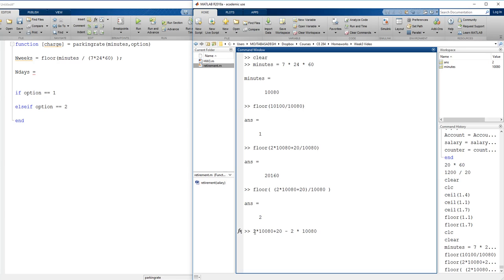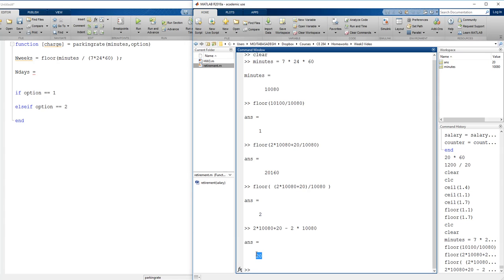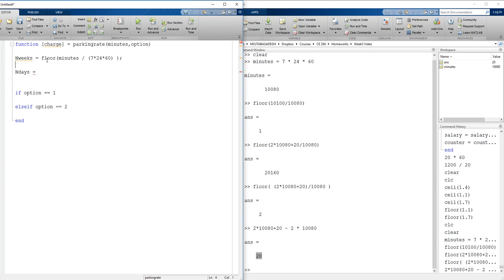So if I do the total number of minutes that I have minus number of weeks times number of minutes within each week, then I can separate that I have 20 minutes left of the number of minutes that I had before. So I'm now going to update my minutes by doing minutes minus n weeks times how many minutes is in a week.